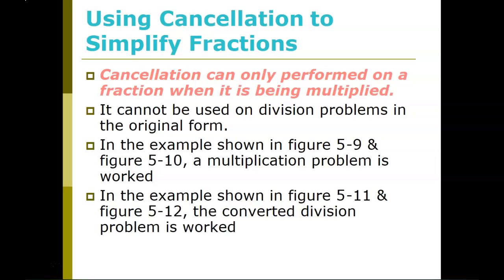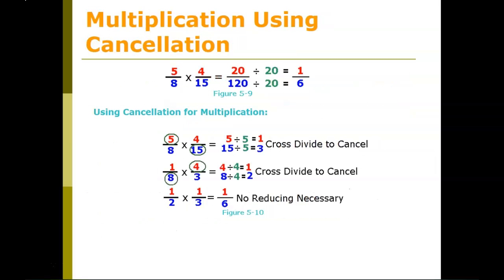So using cancellation to simplify, how many of y'all remember to do this one? A couple of y'all, maybe, kind of, sort of. Whenever you're doing cancellation, this is just to make everything easier when you multiply and divide the fractions. Okay? Everybody with me so far?